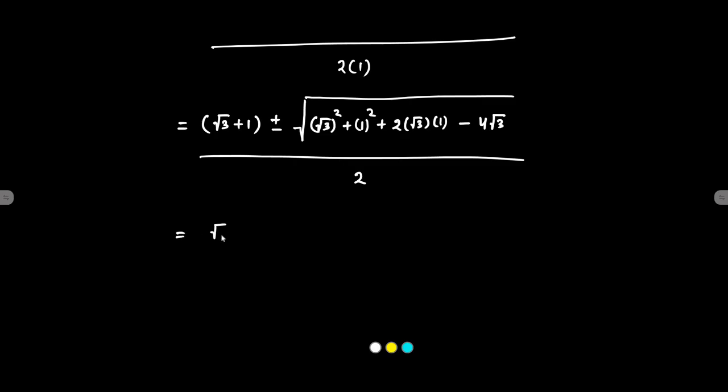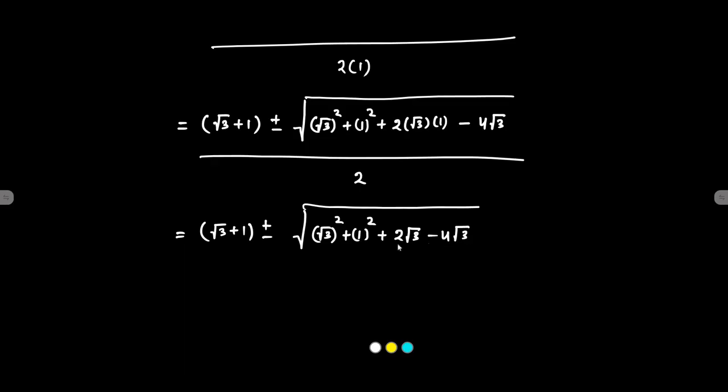Then it is equal to root 3 plus 1 plus minus root over of root 3 square plus 1 square plus 2 root 3 minus 4 root 3. Okay, 2 root 3 minus 4 root 3 will be minus 2 root 3.